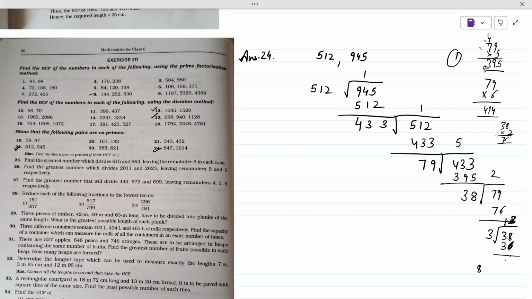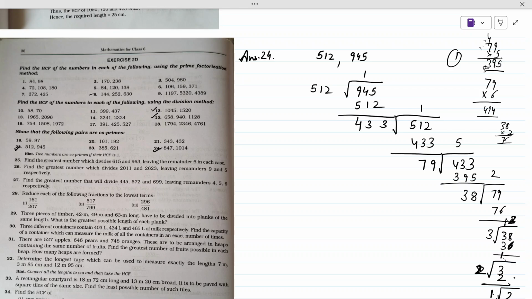Now 8 minus 6 will give us 2. Sorry, we have 2 here and then 2 is the remainder, we have to divide this by 3. So this is 1, 3 minus 2 will give us 1. We have the remainder 1 here.